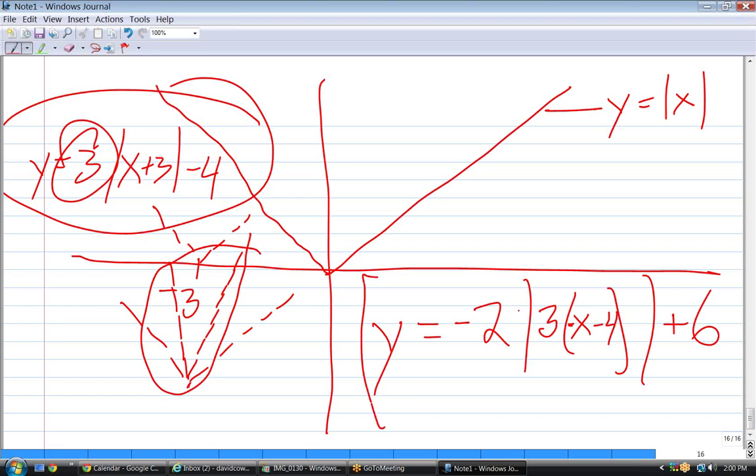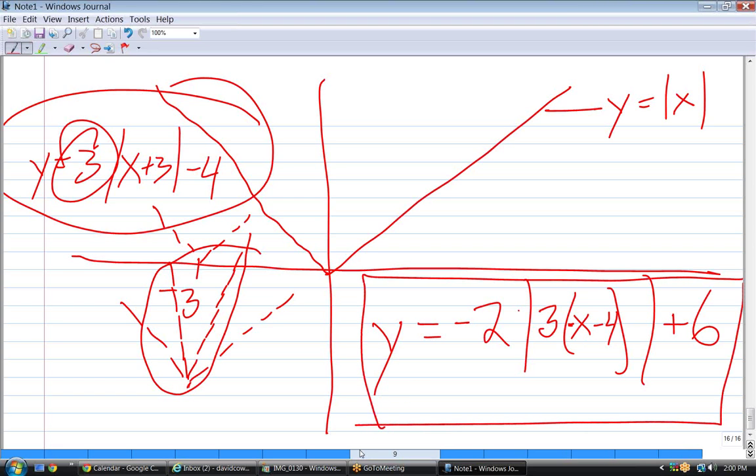Notice that if I gave you this function over here, it has all 6 things going on. It's got the reflection about the x-axis, it's got the reflection about the y-axis, it's got the horizontal movement to the right of 4 units, it goes up by 6 units, it has a horizontal squeeze by a factor of 3 and a vertical stretch by a factor of 2. Now, I didn't say that backwards, that's true.